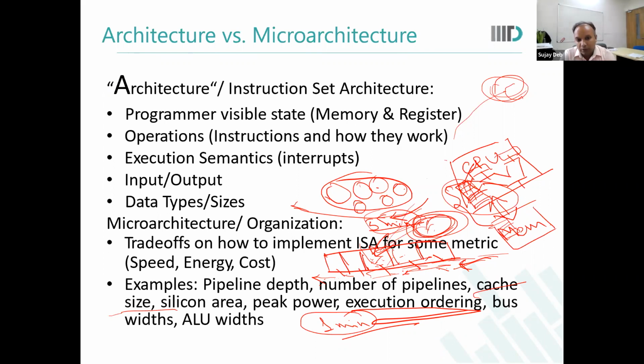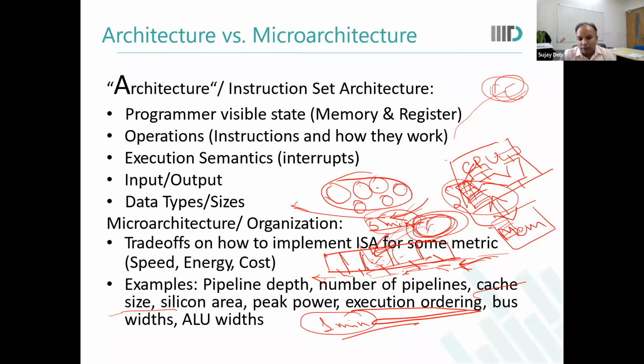Similarly, the bus width. Bus width is equivalent to how many people you can handle at a time. Let's say, do you allow one person to enter the mess at a time, or do you allow, let's say, 5 people to enter the mess at one time? That will be determined by the things you can handle inside the controller at the same time.